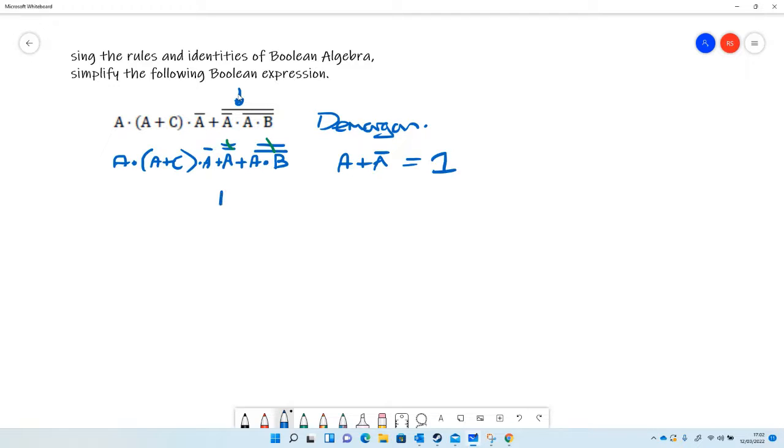So we could put a 1 in here. So we've still got this arrangement on this side. So we've done another stage.